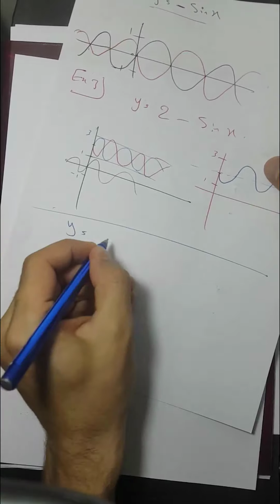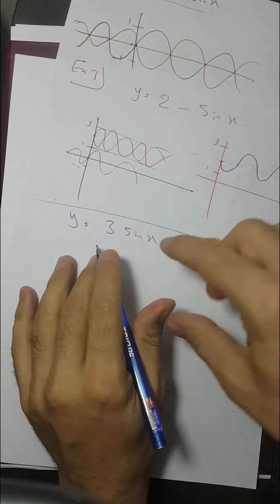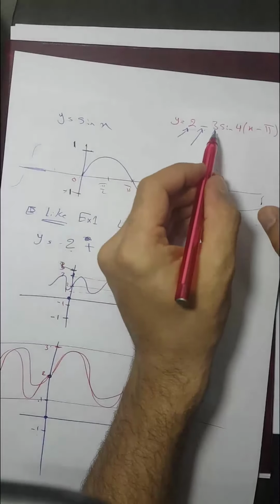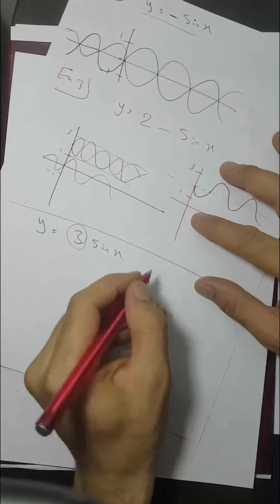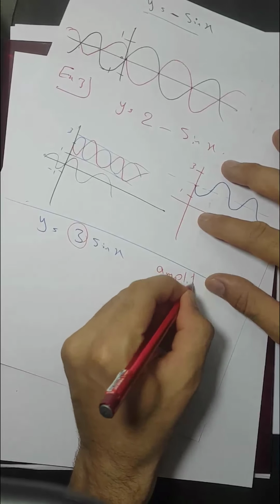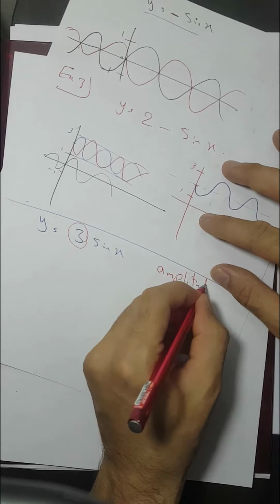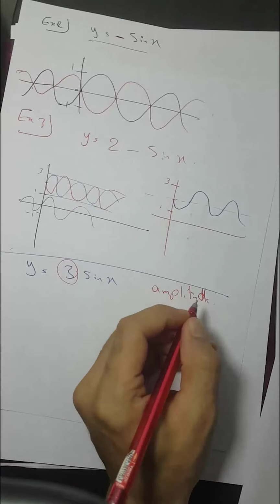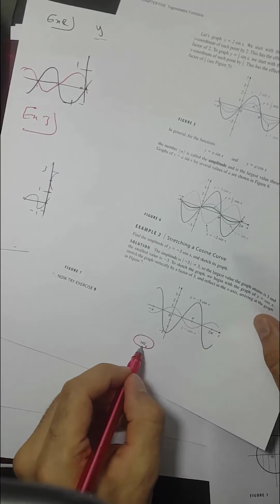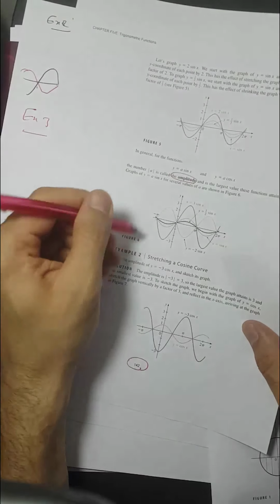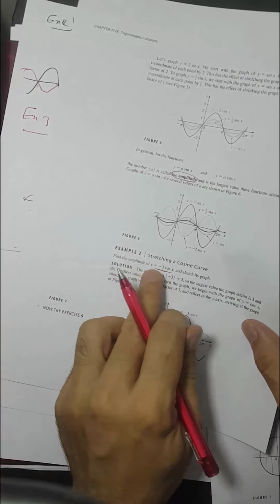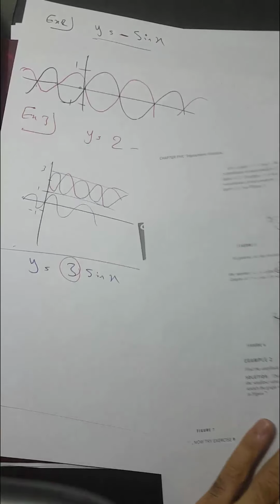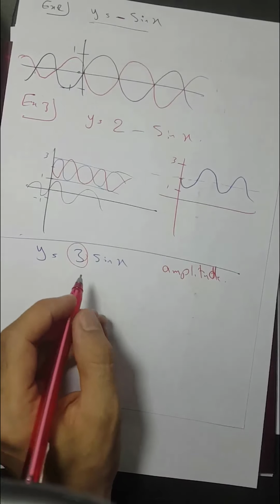If I have y is equal to 3 sine of x, this number, when multiplied by sine, we call amplitude, as mentioned in your lecture note, page 142, with example 2 here. I will leave these examples all for you because they are the same. I'll give you an extra example. That's why I leave this one for you. So amplitude means multiplication.